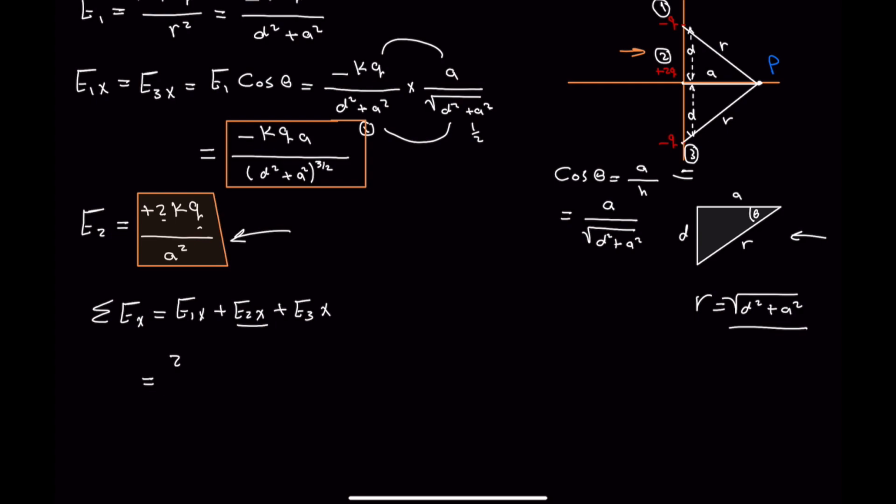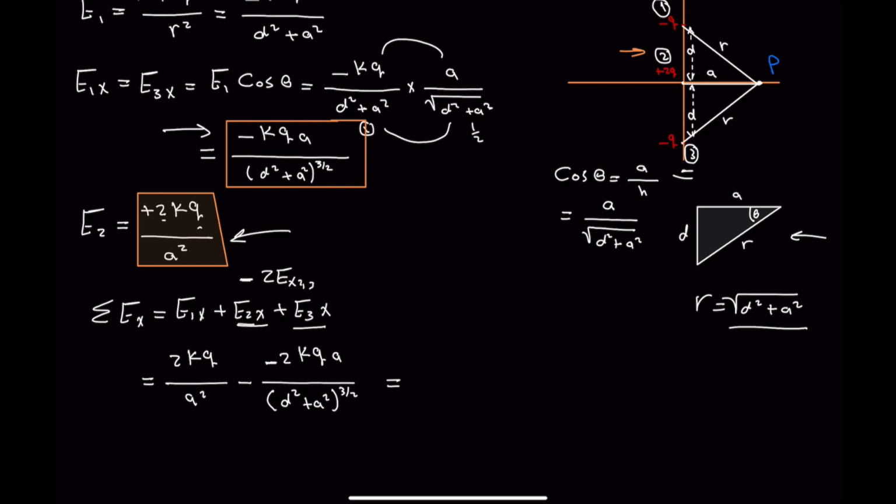So it's 2kq over a squared, plus E1x and E3x are negative, so minus, as long as E1x and E3x are equal to each other, so we can say that it's negative 2 times E1x or E3x. So here we have negative 2kqa over d squared plus a squared all to the power of 3 over 2.